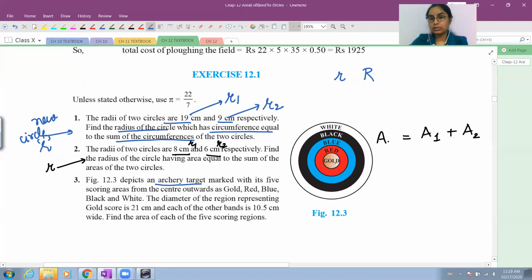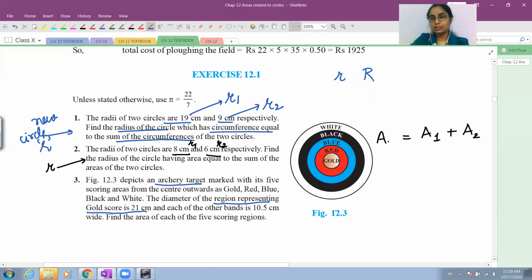The center part is marked in gold, then the outer one with red, then blue, then black, and then white. If you can identify, you will be able to see how many circles there are. The first with gold, second containing red, third containing blue, fourth containing black, and the fifth containing white. The diameter of the region representing gold is 21.